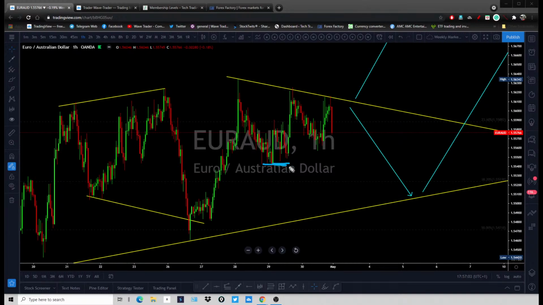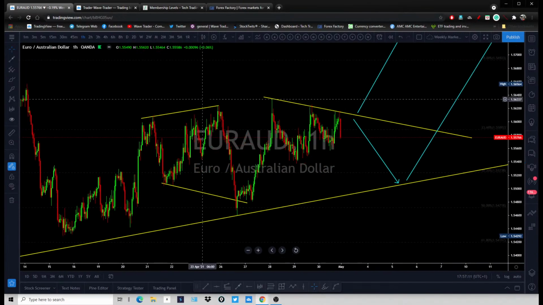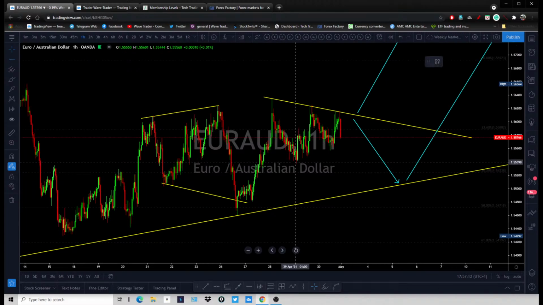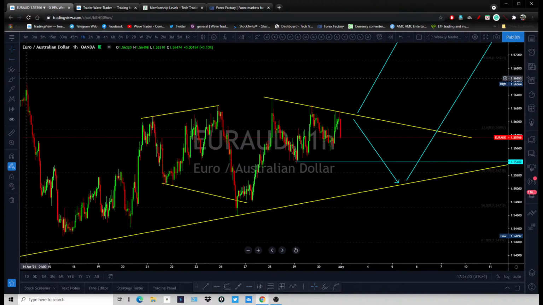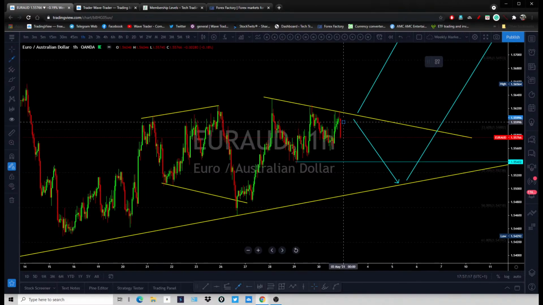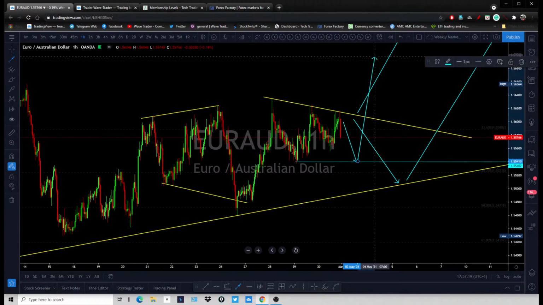Or if it comes within these areas, 55.50, those are going to be buy opportunities for upside. If it comes there, you are looking for this to hold and bounce off for upside.